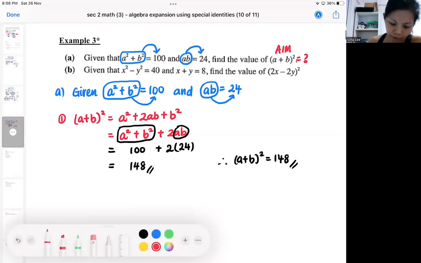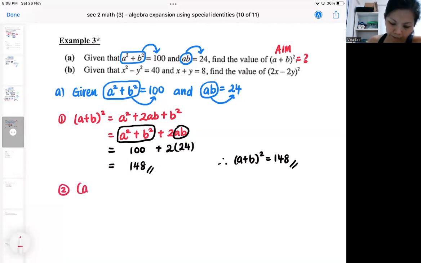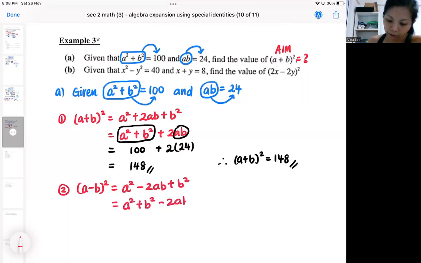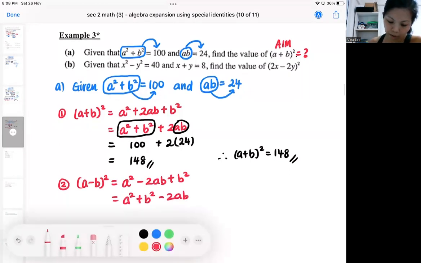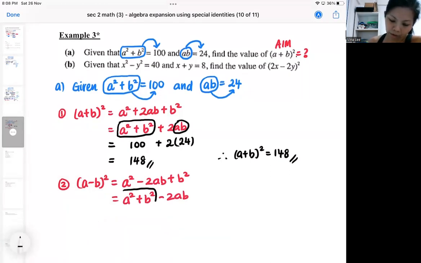If I have changed the question to A minus B square, which is like formula 2, I will write out formula 2 and reshuffle it. When I reshuffle, I'm going to see the block of values, this block is 100, and this product is a 24.